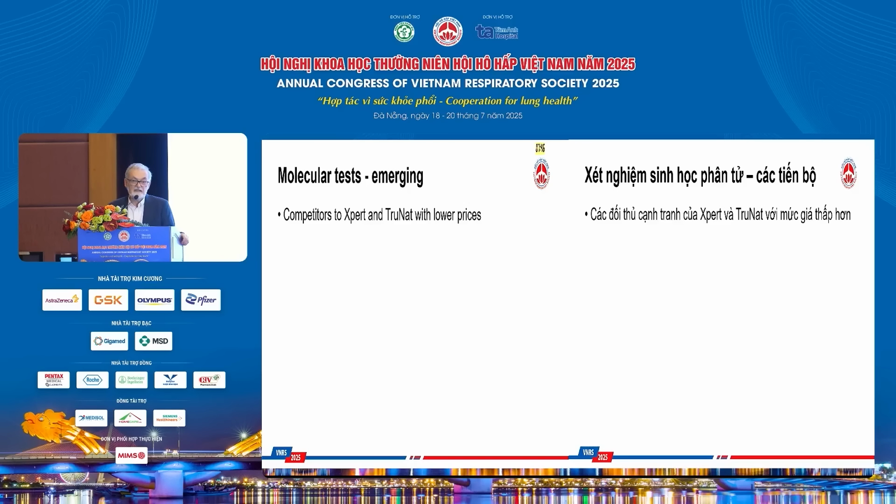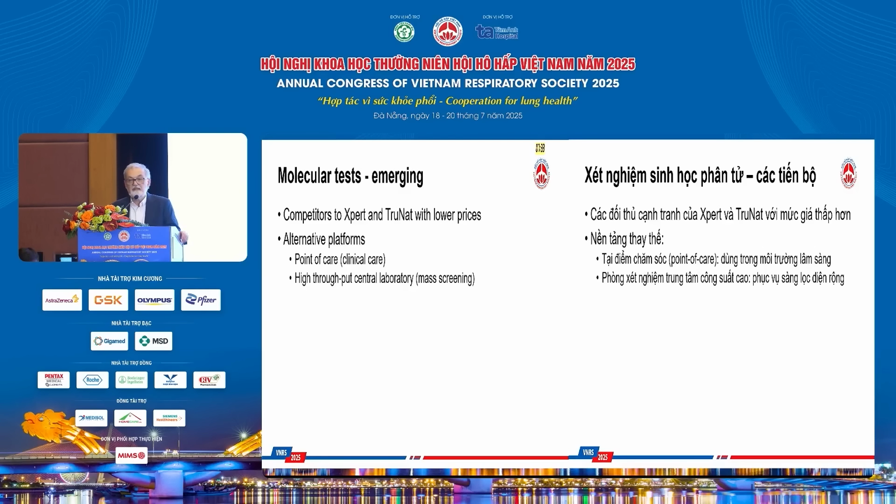So we're looking at a test which will be $1 to $2 to $2.50 per sample, US dollars, much cheaper than the current tests. And they're mainly coming from China and some coming from India. Okay, they're not mainly coming from the United States or Europe, they're mainly coming from China and India.